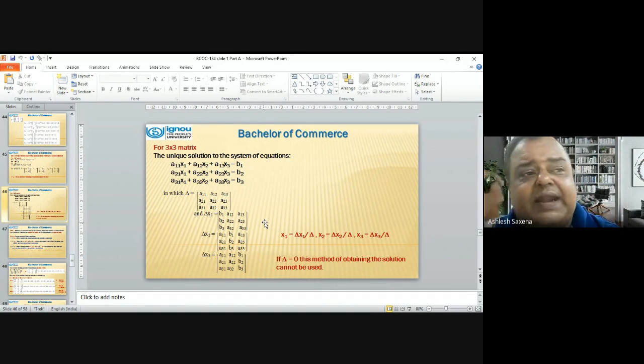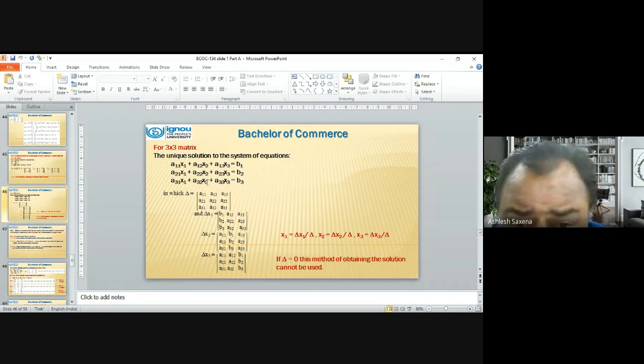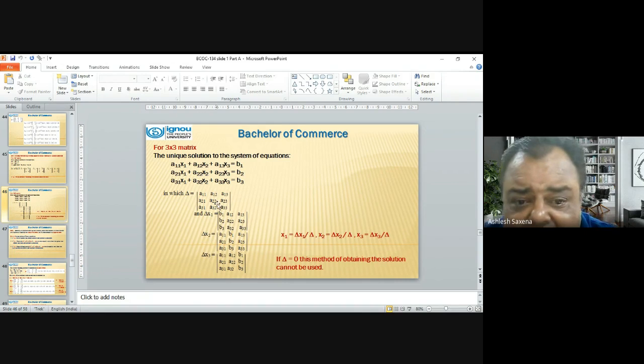Now then comes your delta x1. What we will be doing? We will be replacing these three values by these three values. You can see over here, it has been replaced. Similarly, for delta x2, I will be replacing these three values by this in the center one.